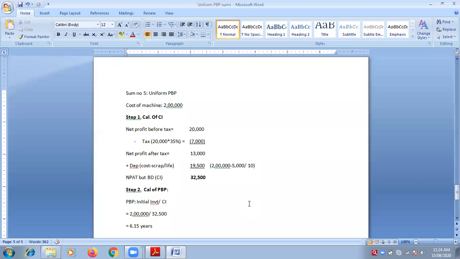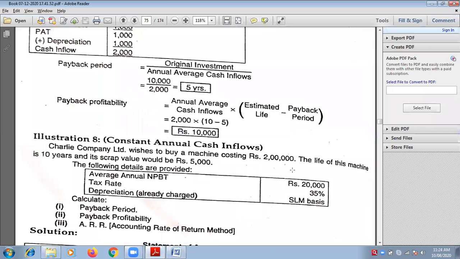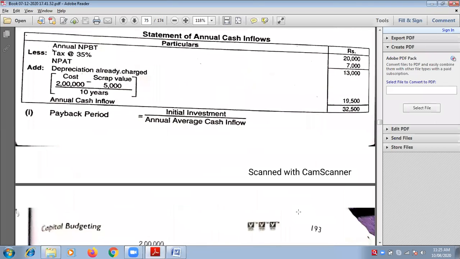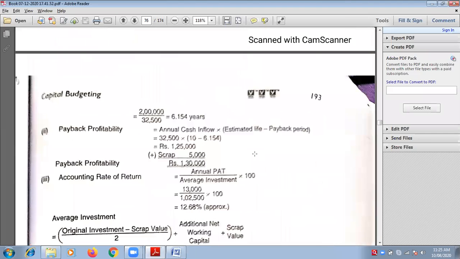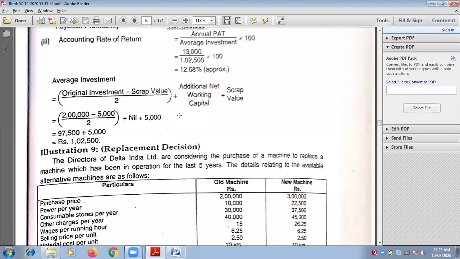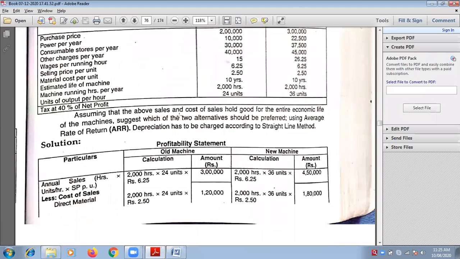Okay, we shall shift to the next one. See, they also have calculated 6.15 years. So we are going right. Anyways, we are always right.